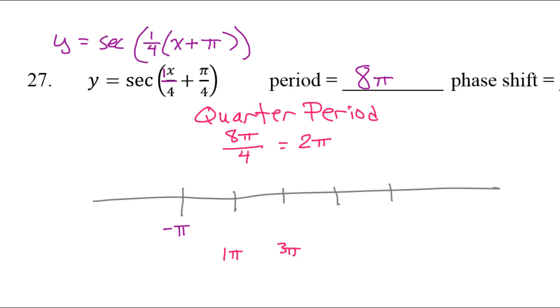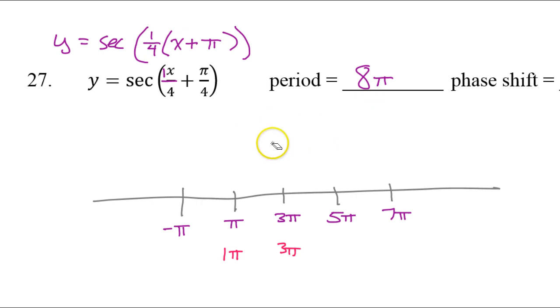So I might as well put it on the line. So I'm going to have pi, and then I'm adding 2 more, so that was 3 pi. Adding 2 more is going to be 5 pi. Adding 2 more is going to be 7 pi. So these are the x values I'm going to use to create this graph. Alright, now this is in my way, so I'm just going to go ahead and erase this.